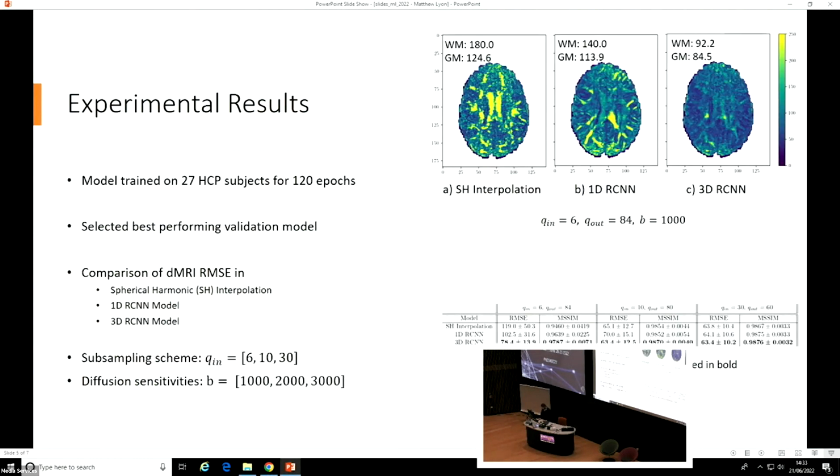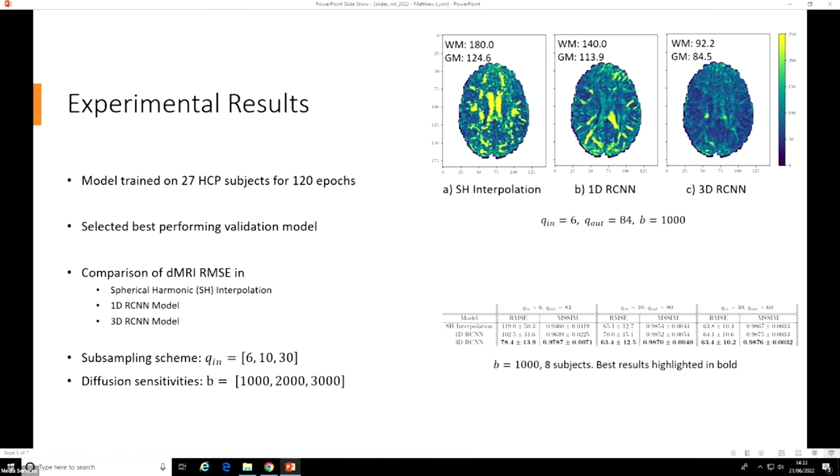After developing this architecture, we trained on 27 different subjects from the Human Connectome Project, along with 3 subjects for validation, and then an additional 8 for a test set, which these results are derived from.